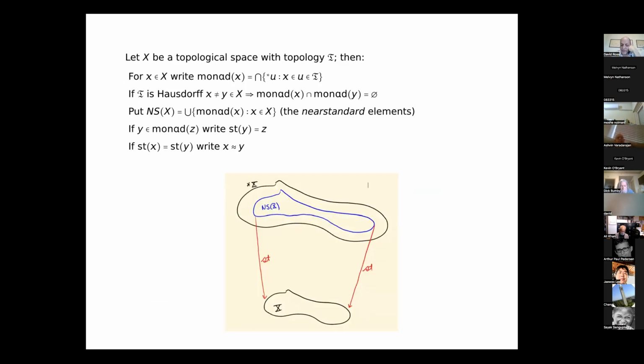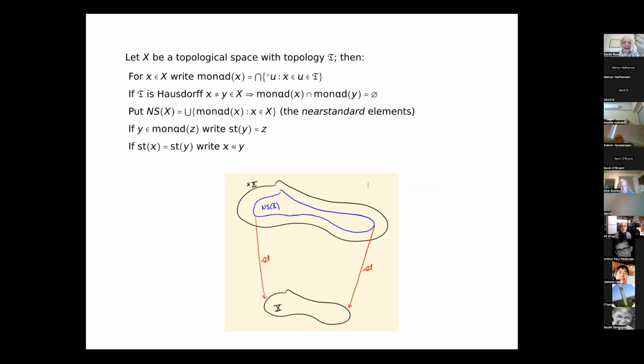Now some topological properties. This is true for any topological space with a topology T. For any element x of the original space X, you can define a thing called the monad of x. These are the elements which are infinitesimally close to it. The monad of x is the intersection of the stars of all open sets containing x.